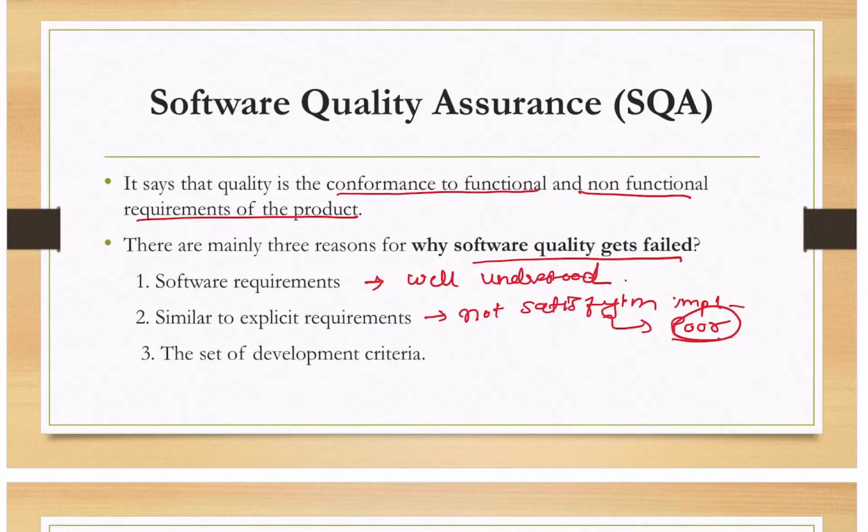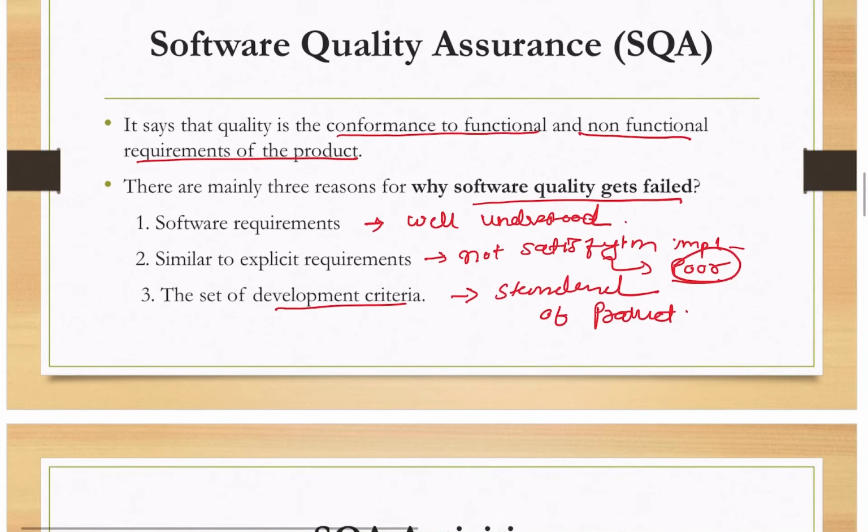The third one is the set of development criteria. It has to be decided in order to specify the standards of the product. It depends on the standard of the product. Software quality assurance is the process in which conformance to the requirements of the product is ensured.